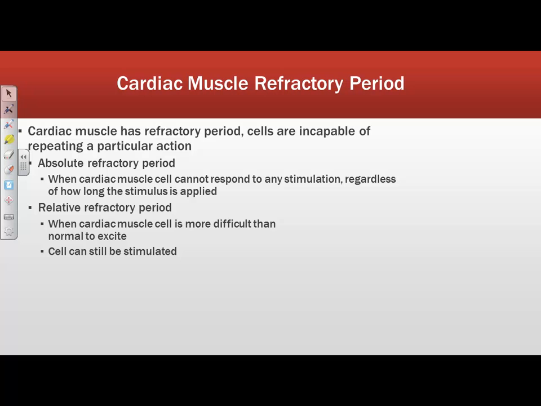When you're working all day long, you just need to rest. So you just want to sit down in your chair and have nobody bother you at all. That's going to be the refractory period, is when you're trying to rest. When the cardiac cell is trying to rest.